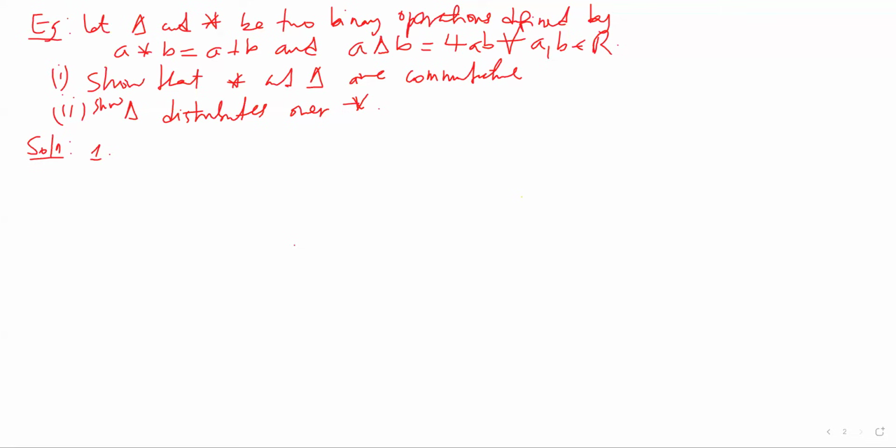So let me start with I, we have the commutative property. So we want to show that these two binary operations are commutative. What does it mean? It means that we want to show that A star B will give us the same result as B star A.